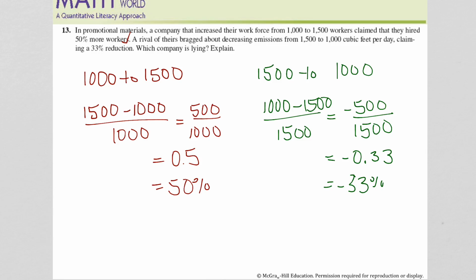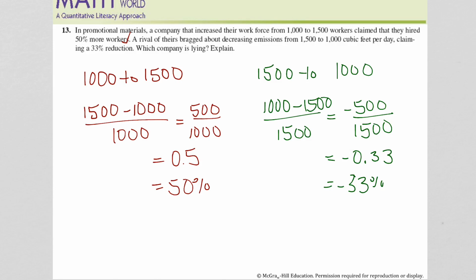Now, when we have negatives, a lot of times in these actual real-world problems, we're not going to say that the company increased by negative 30%, or that it decreased by negative 30%. Decreased by negative would be a double negative, so that's not going to work at all. But we'll just say that they decreased by 33%, and the decreased by is taking care of your negative there.